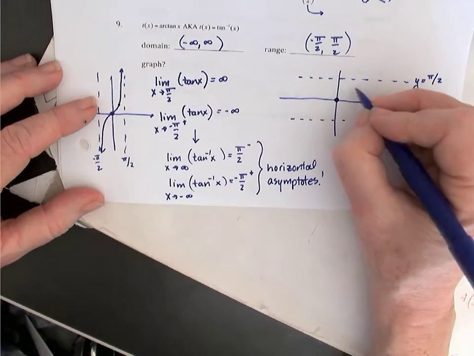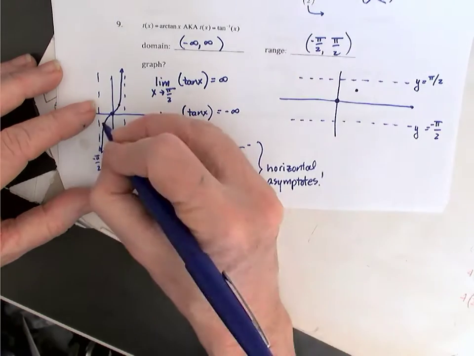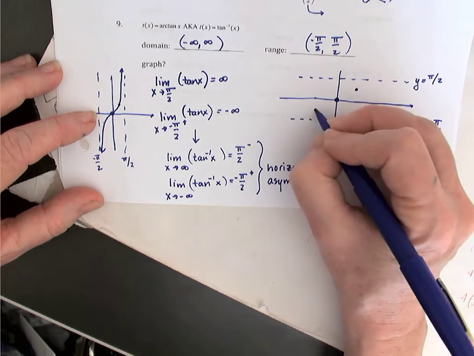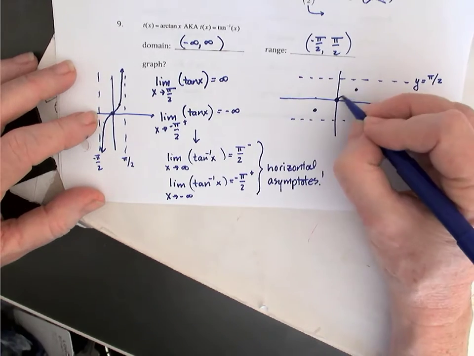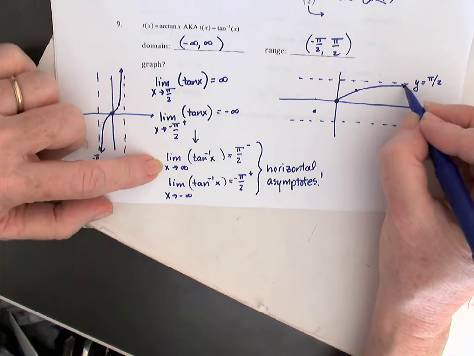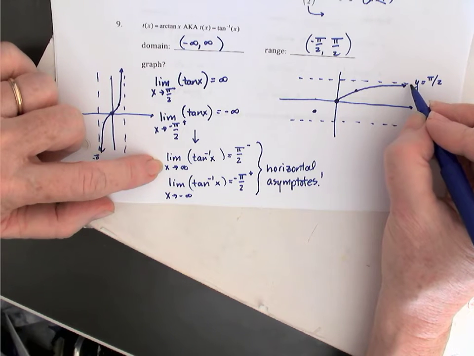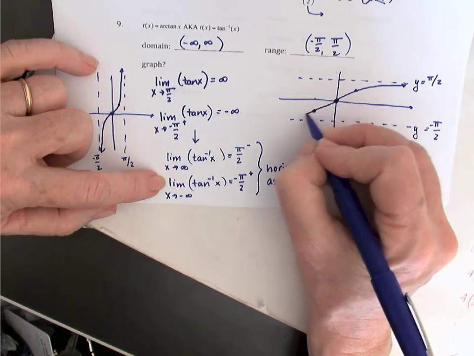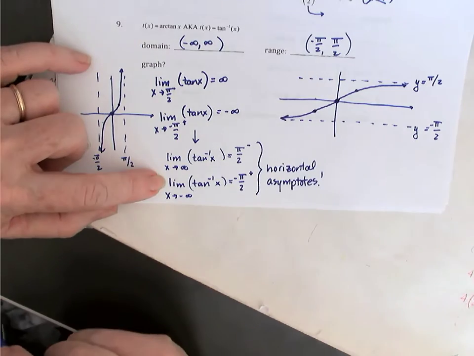So I'm going to have 1, pi over 4, and negative 1, negative pi over 4. But the other thing I know is that going to infinity, I'm going to get very, very close to this pi over 2 asymptote. And going to negative infinity, I'm going to get very, very close to negative pi over 2.